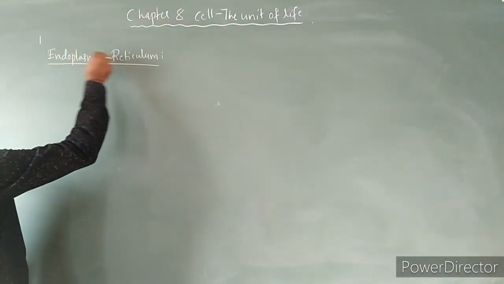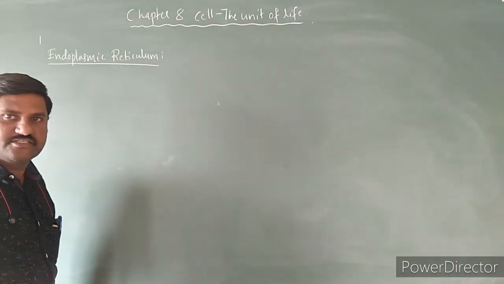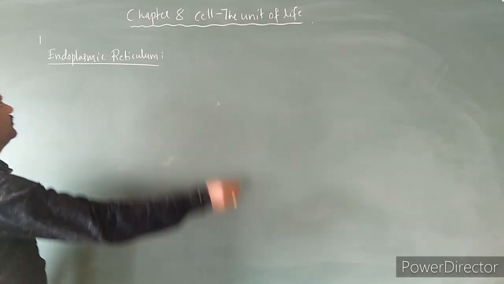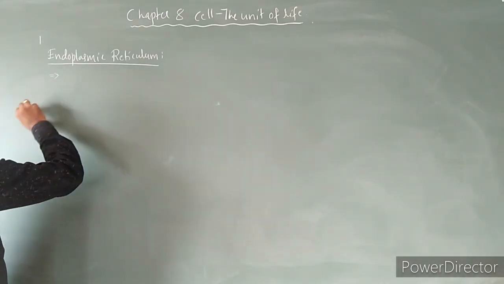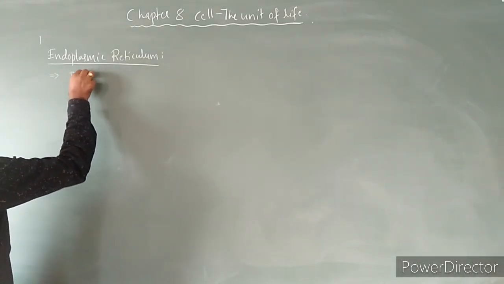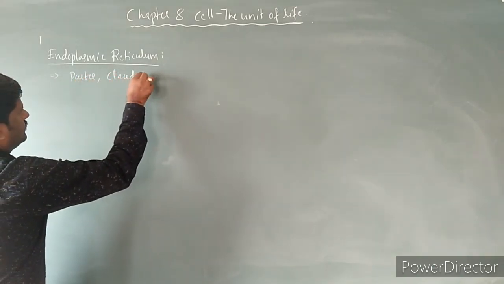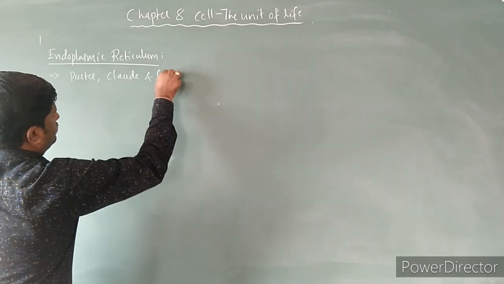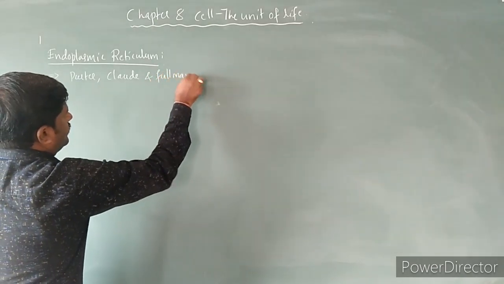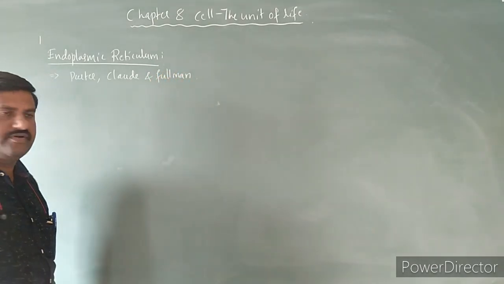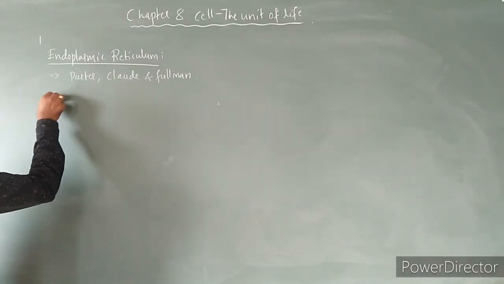So endoplasmic reticulum itself is one of the cell organelles, right? Which was first discovered by Porter, Claude, as well as Fulman. Are the scientists the one who discovered this one for the first time?